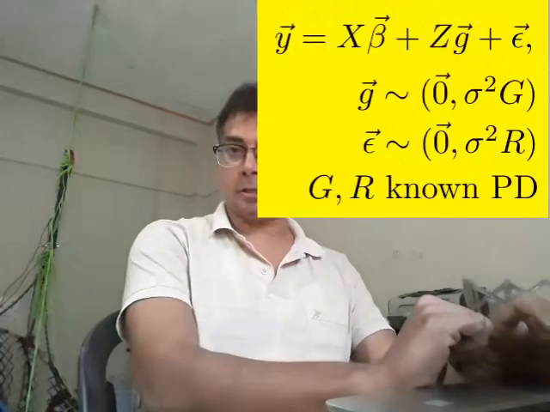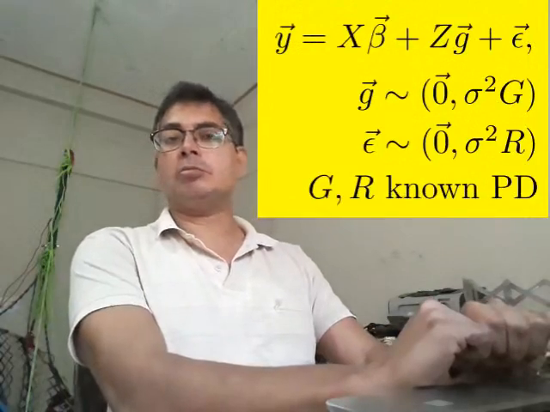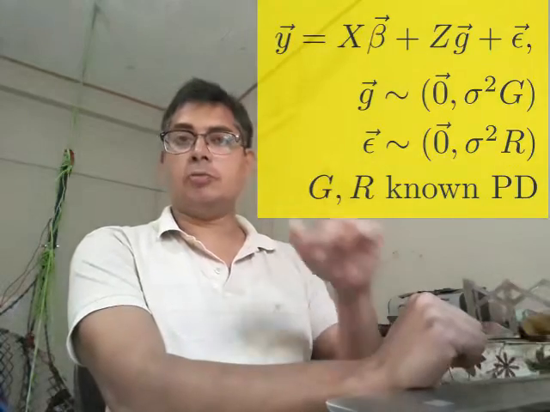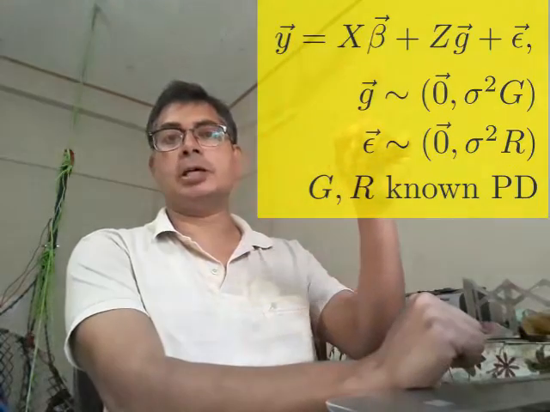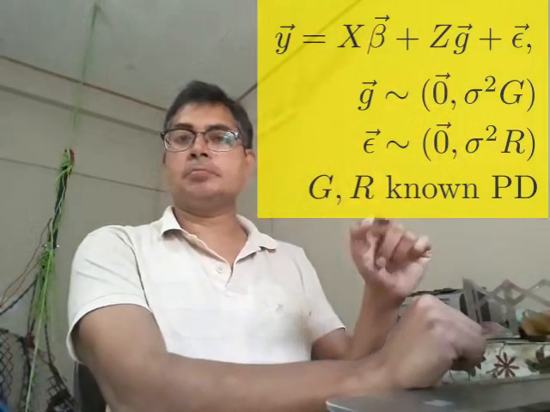Now, finding BLUPs is not entirely easy. A statistician named Henderson came up with a set of equations by which you can find BLUPs under the following special model. In this case, we are assuming that we have this typical random effects model, y equals X beta plus Z G, that is the random effect part, plus epsilon.